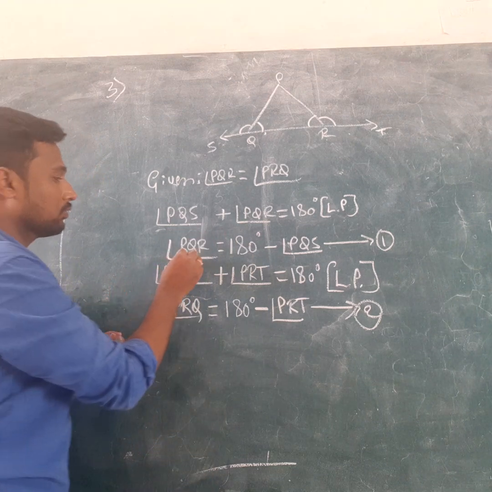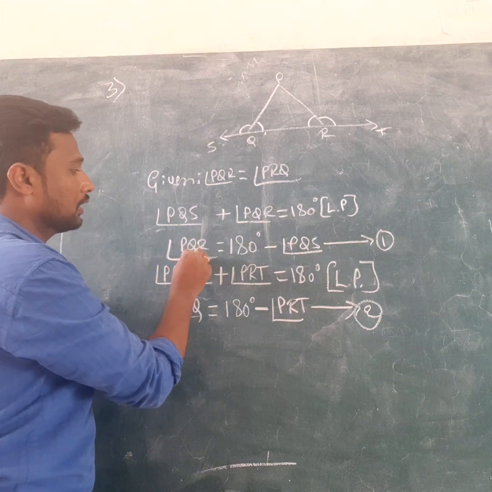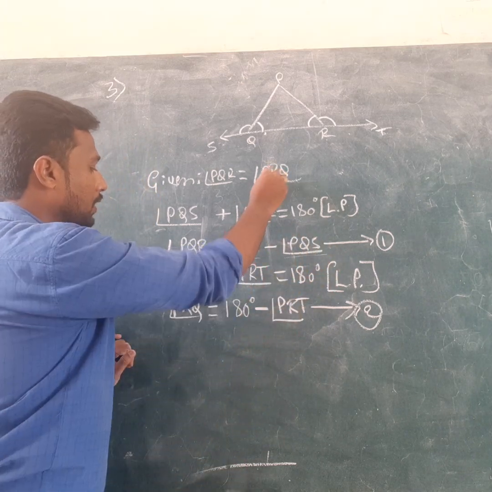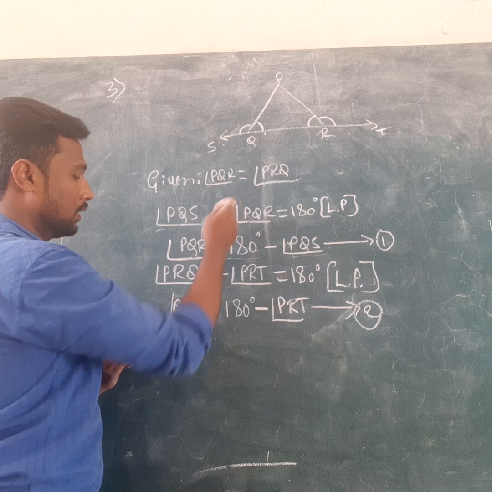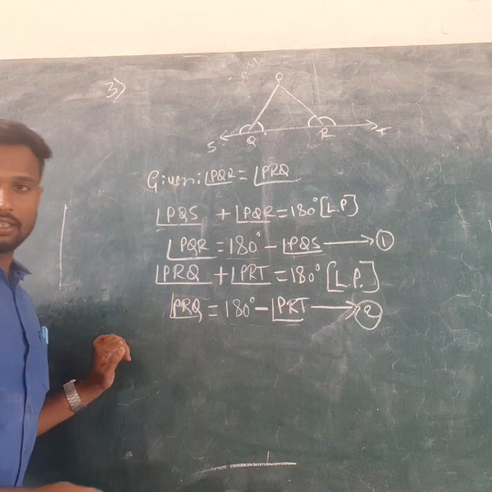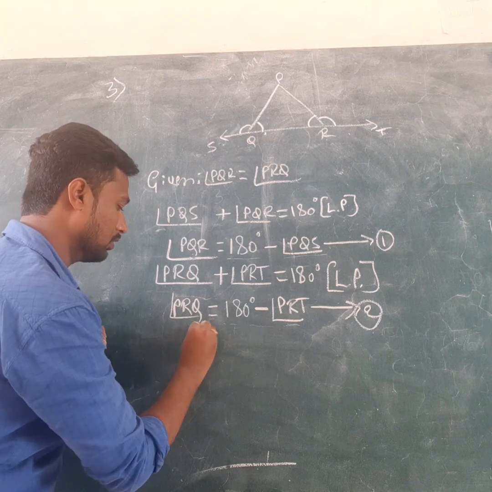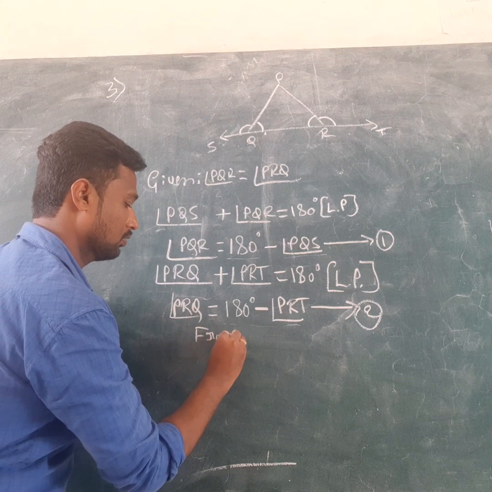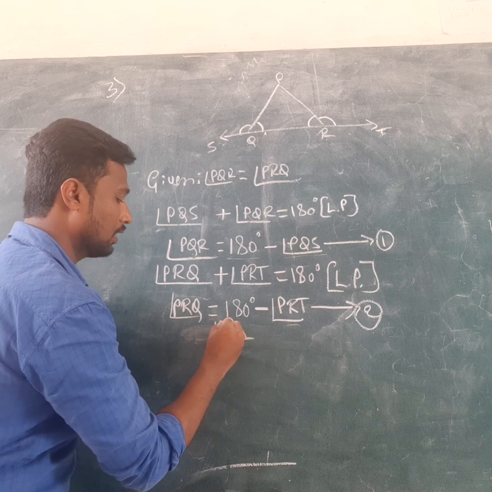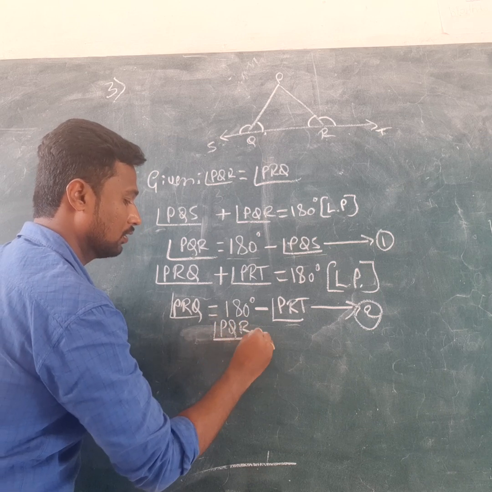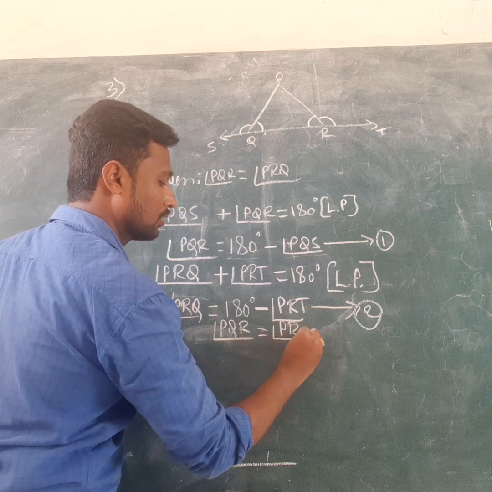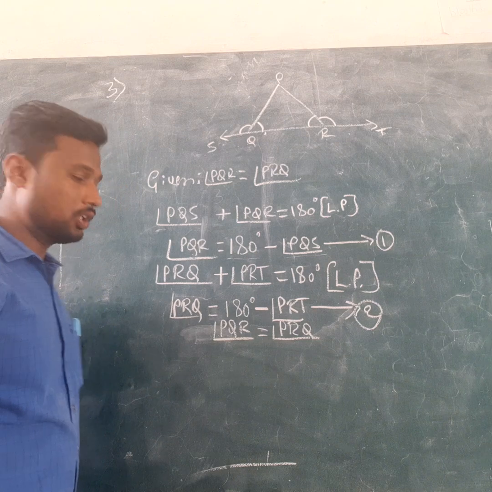So here in equation 1, PQR equals to 180 minus PQS, and in equation 2, PRQ is equal to 180 minus PRT.